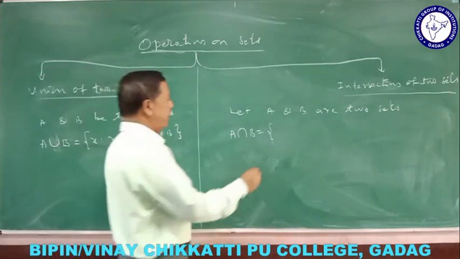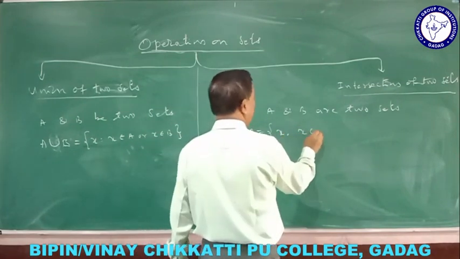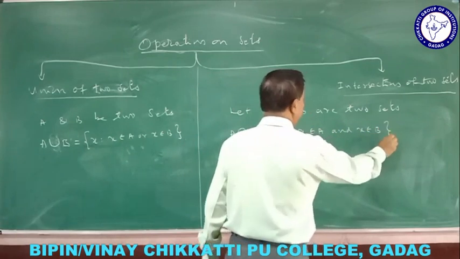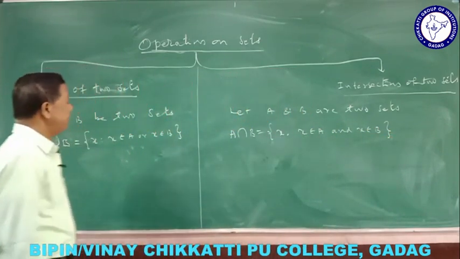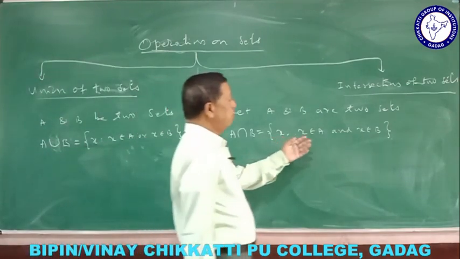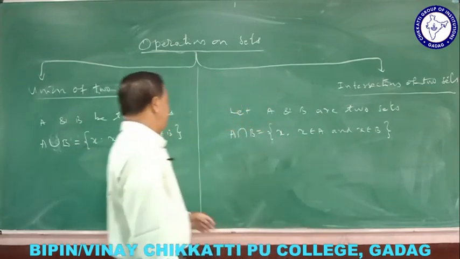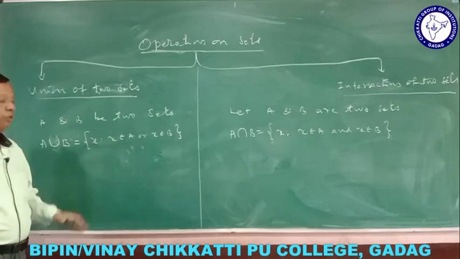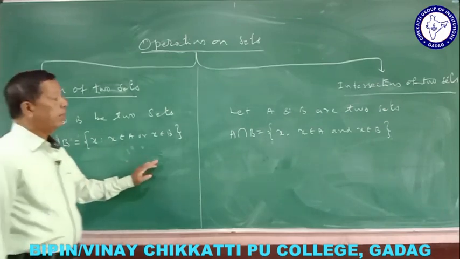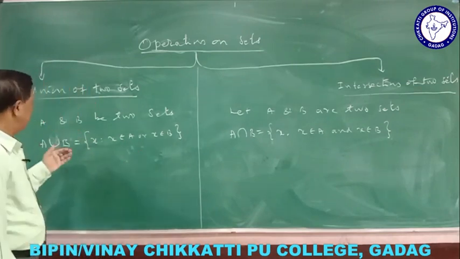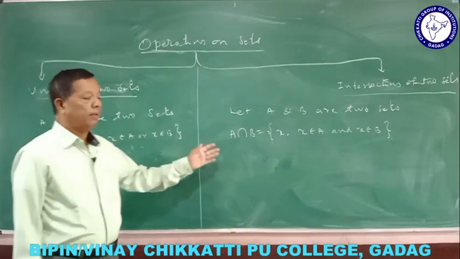And for intersection, X such that X belongs to A and X belongs to B. The elements in the intersection must be common to both, and union means the elements are either in A or in B or in both. This is the set builder form for union and the set builder form for intersection.